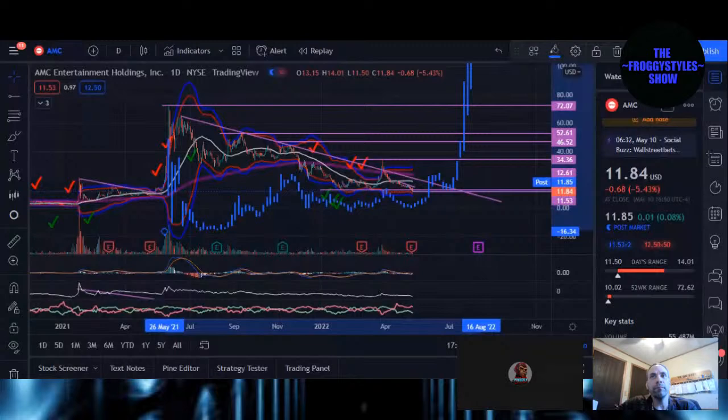So now the hedge funds are not going to have any incentive to steal premiums at lower prices. Because if they don't have the premiums to steal, then all they're doing is betting against themselves. So AMC has the potential this Friday to put 16,000 puts out of the money on $10.